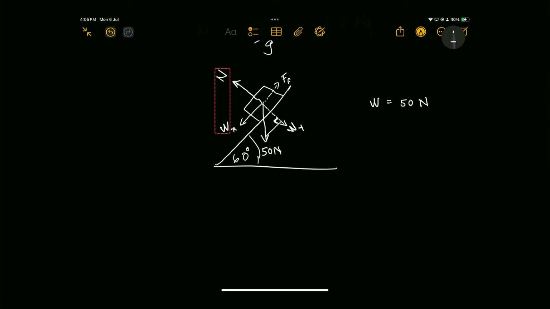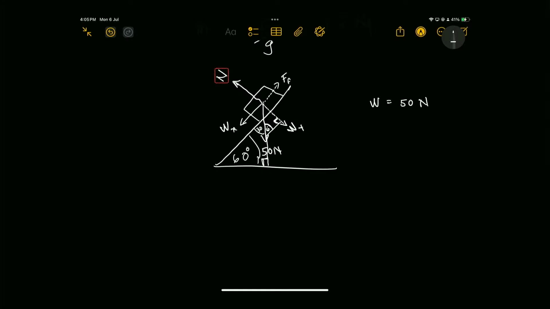Now we would know that this angle here is equal to 60 degrees. We could see that because here is 90 degrees as well. Here we have a 30-degree angle, and therefore this would have to be 60 degrees, which is equal to the angle of the slope.